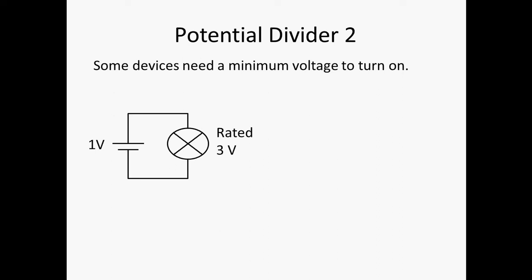Now, let's say you have a device here that is rated at 3 volts. What do I mean by rated? Rated means, for normal operation, what is the voltage that the device will draw? In this case, this device draws a voltage of 3 volts for normal operation.